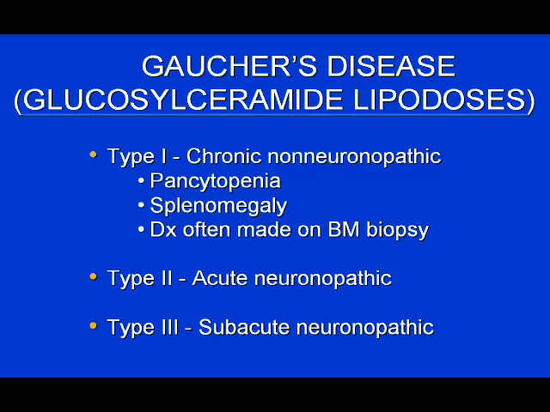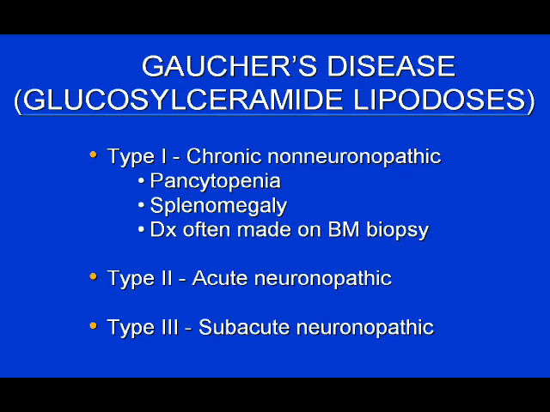Type 2, acute neuronopathic, is usually manifest by very severe central nervous system manifestations, which lead to diagnosis based occasionally on bone marrow biopsy, but usually on testing for the deficiency of the enzyme encountered in this disease.